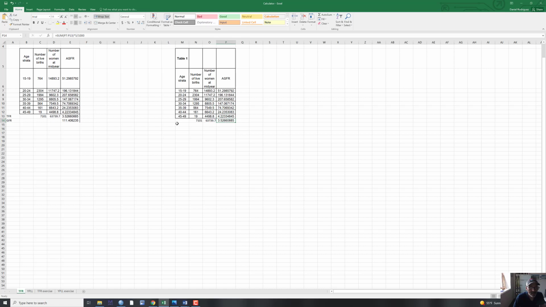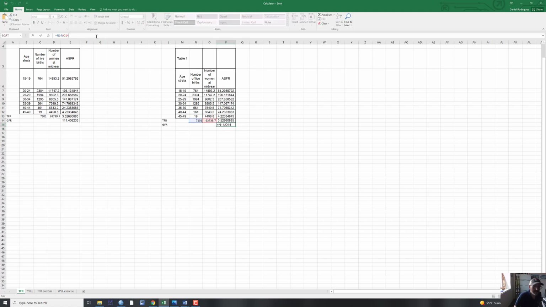Great. And then now I want to get, so here I give you the TFR, total fertility rate, and then here is this general fertility rate. It's merely the quotient. So again, I hit equal. I divide 7101 by this number, and then I did multiply it by 1,000, so I get it per 1,000.